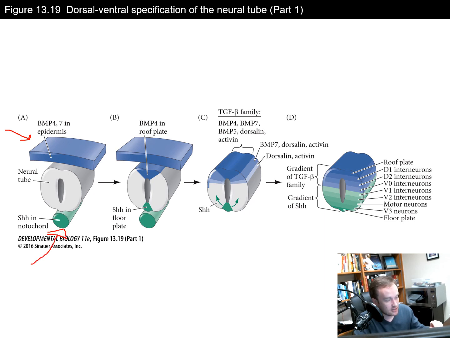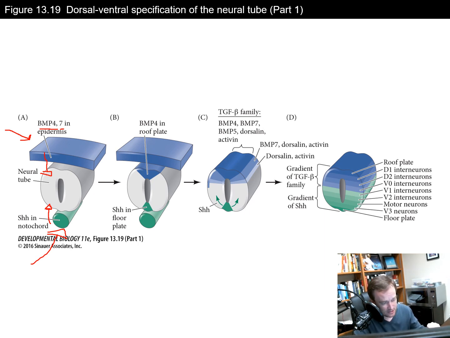The epidermis expresses BMP4 and BMP7 as a paracrine factor, which diffuses down to the neural tube, and the notochord secretes sonic hedgehog, SHH, and that paracrine factor diffuses dorsally.